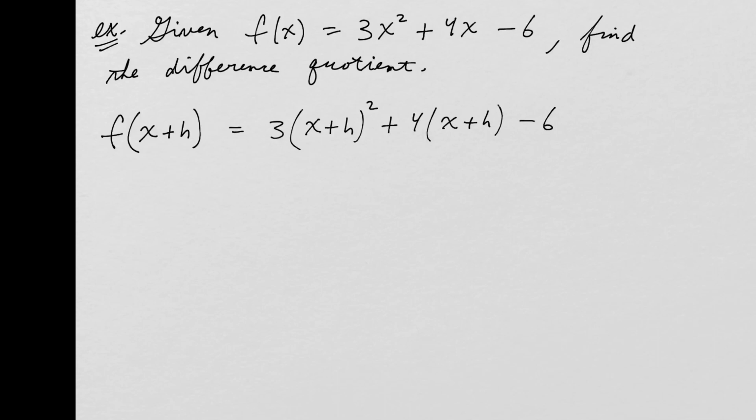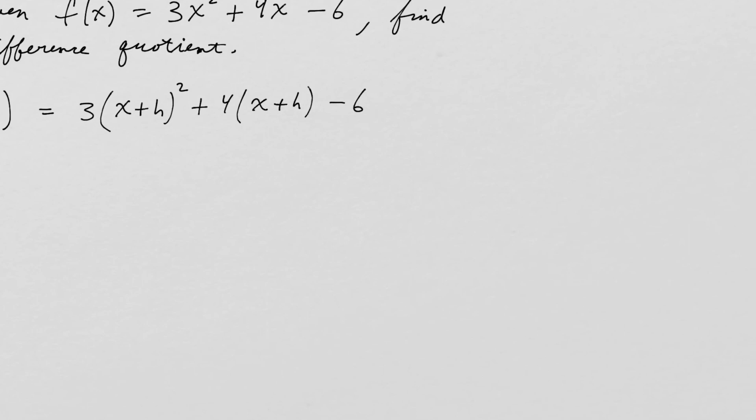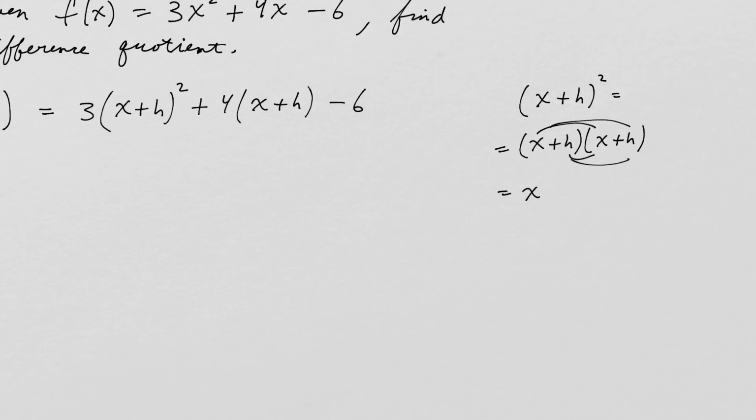Now, how do we handle this? We sort of did this one earlier, but let's do it again. I need to square x plus h. But remember what that is: this is the same thing as saying x plus h times itself. So I can FOIL this out, and I'm going to get x squared plus xh plus another xh plus h squared.